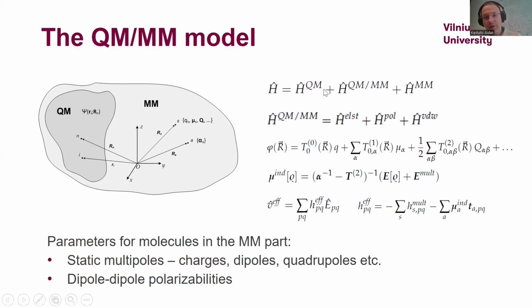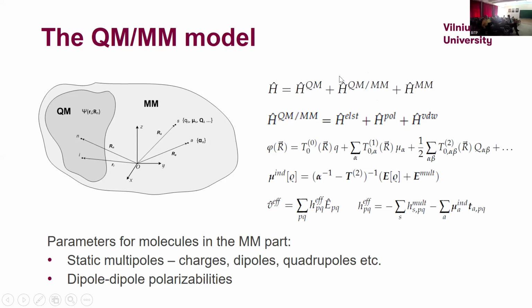Here we have the Hamiltonian, which is a purely quantum mechanical Hamiltonian in vacuum. This is the usual quantum mechanical Hamiltonian of a molecule within the Born-Oppenheimer approximation. Then we have this other part, H_MM, the part of the Hamiltonian which describes the intermolecular interactions of the molecules in this classical system, or this MM subsystem, if you like.